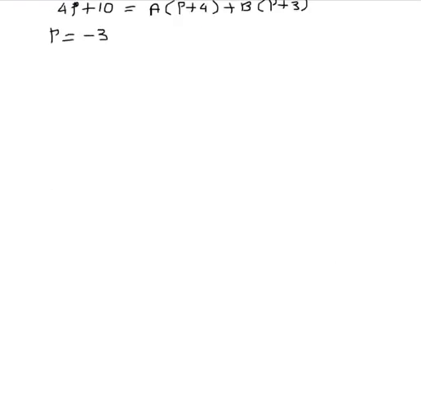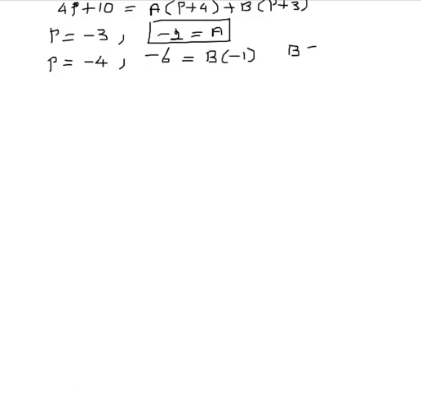Let p be minus 3. Minus 12 plus 10 is minus 2, equal to a into 1. So a value is minus 2. Now let us substitute p as minus 4. Minus 16 plus 10 is minus 6, equal to b into minus 1. b value is plus 6.